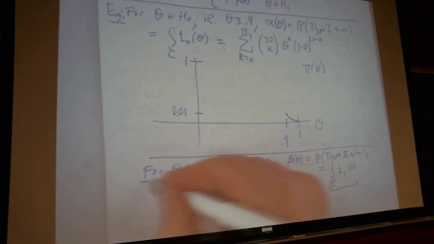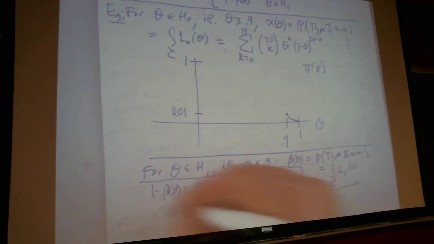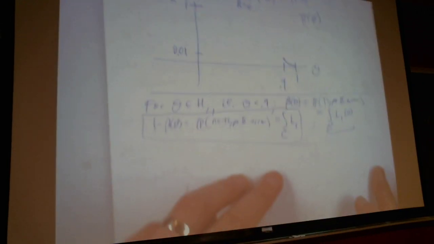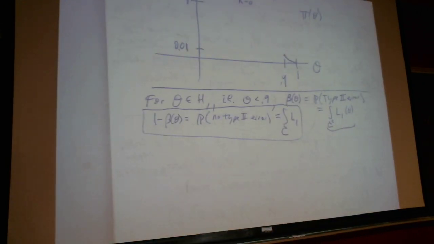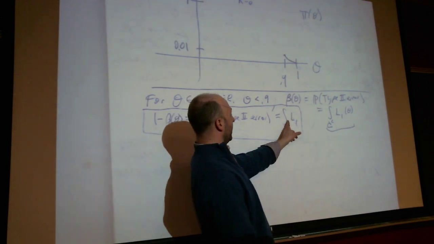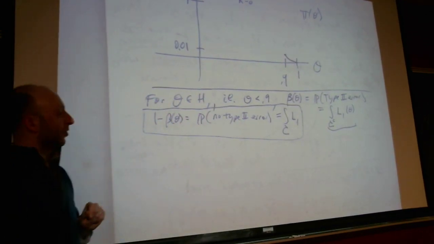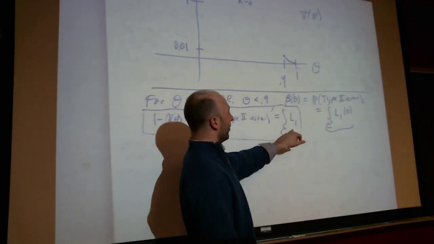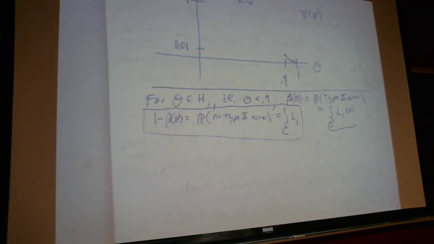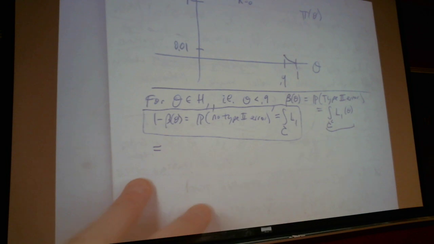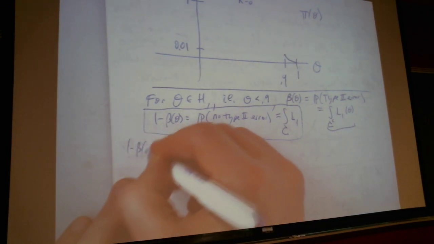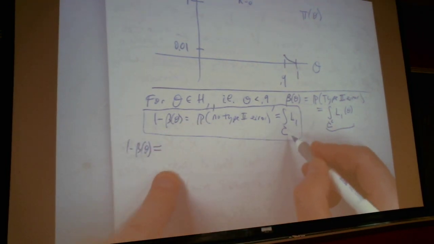So 1 minus beta is the probability of L1, the likelihood of the alternative hypothesis, measured over the critical region. So what is that in our case? So 1 minus beta of theta. What's the critical region?